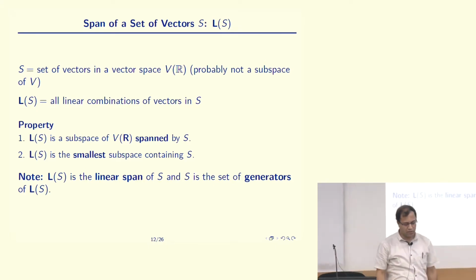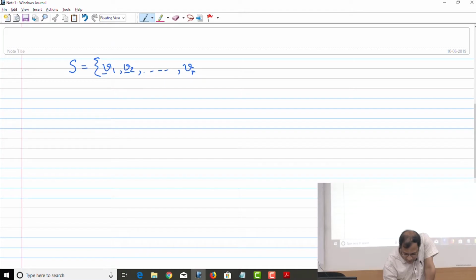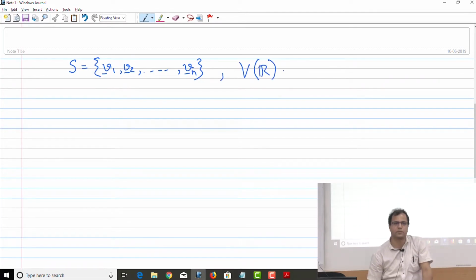But how can we check that L(S) is a subspace of V? What do we need to do for that? We are given a set S, say {v1, v2, ..., vn}, which are elements of the vector space, say V over R. It's a general vector space. You can take whatever you want.